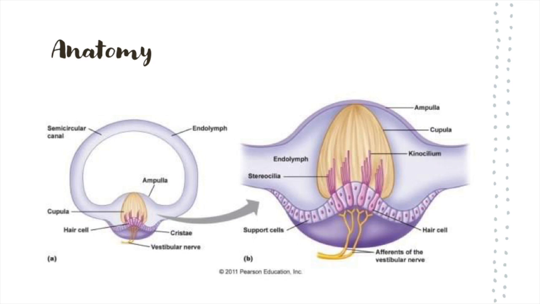So when the endolymph distorts the cupula, it causes the hair cells to move, which stimulate one of our cranial nerves, the vestibulocochlear nerve. And this nerve tells our brain that our head is moving in space. And so what all of that is doing is giving you all that vestibular input that you need to be balanced, to be coordinated, etc.